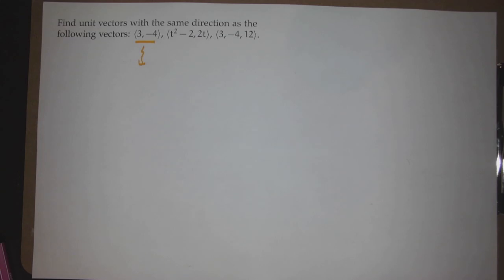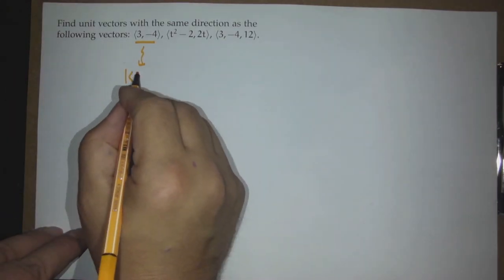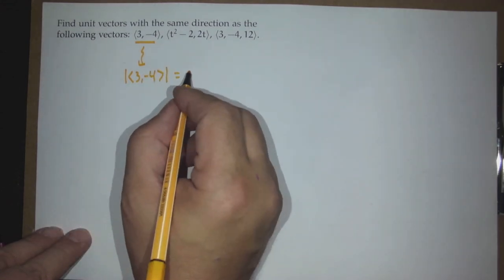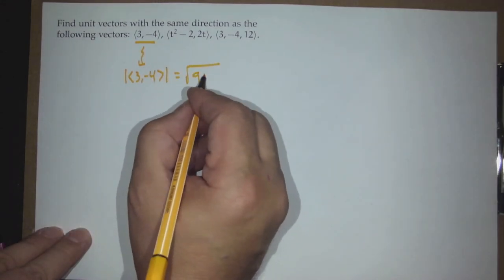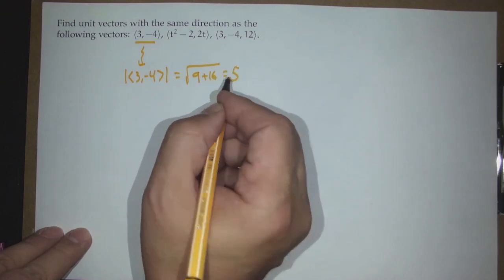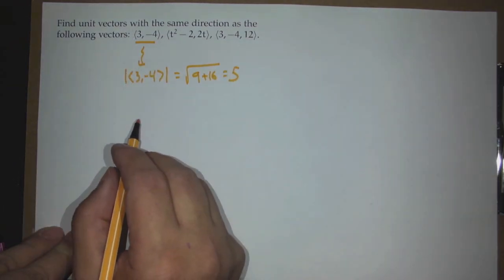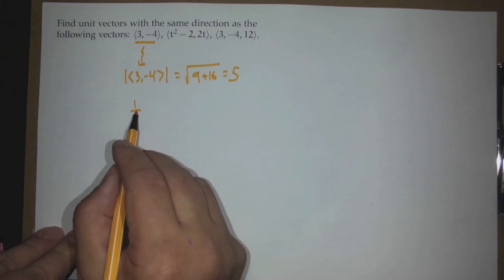So what's the first step? Find the magnitude. What's the magnitude of the vector 3, negative 4? 5, because it's the square root of 9 plus 16. And so what do you multiply it by? 1/5.